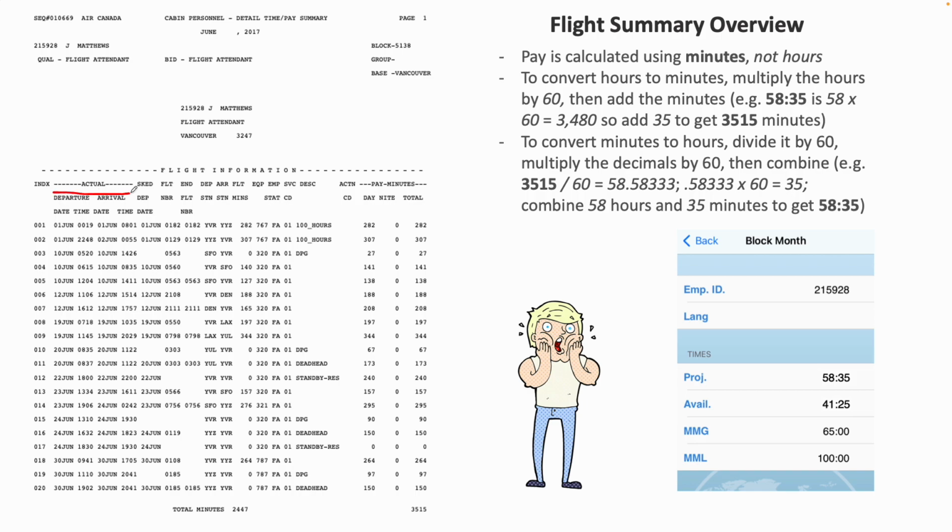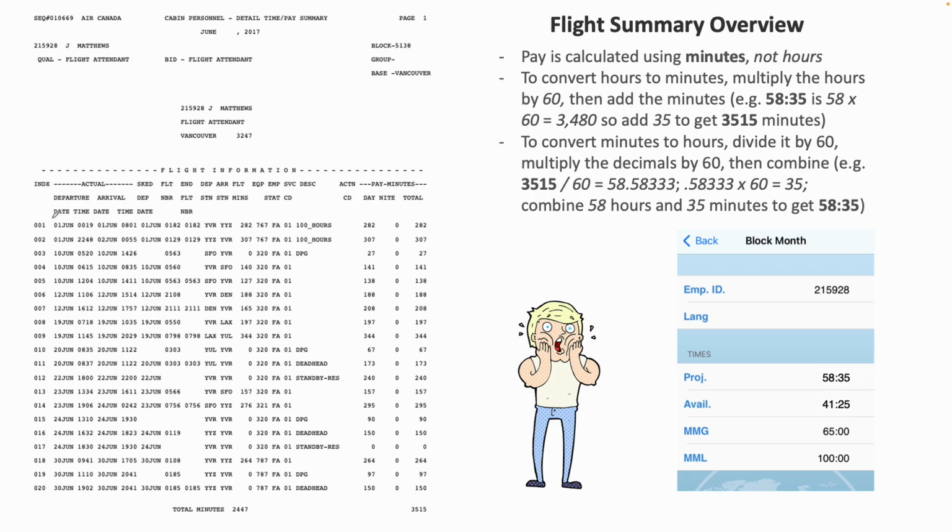In the larger column specified as actual, departure and arrival times are recorded for any particular flight or activity. In the first subcolumn, we have departure, and in the second, we have arrival. This should be fairly self-explanatory.